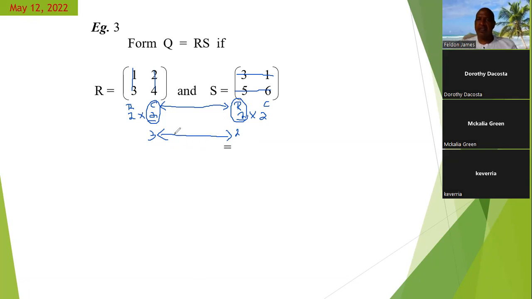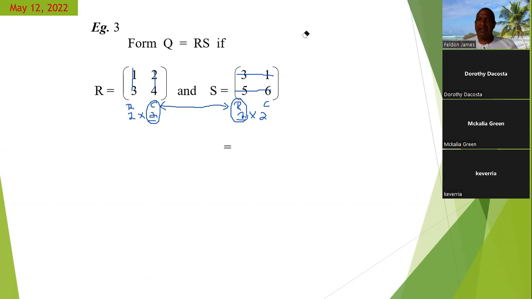But in reality, if you're to multiply 2 matrices, you have to ensure that the number of columns in the first is the same as the number of rows in the second. So at all times, you want to check that before you even start to do any multiplication.